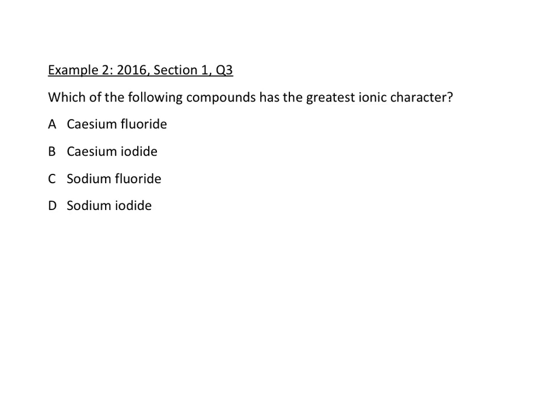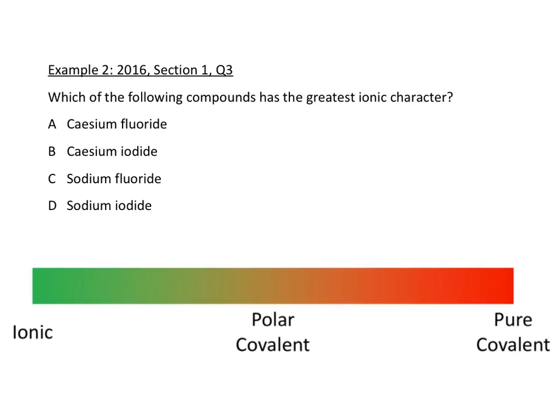Example 2. Which of the following compounds has the greatest ionic character? So we have to go back to our bonding continuum. We can describe bonds as having greater ionic character when there's a big difference in electronegativity, and as the difference in electronegativity between two atoms gets smaller, we're getting less ionic character in the bond and tending towards the polar covalent bond, so more uneven sharing rather than electron transfer.